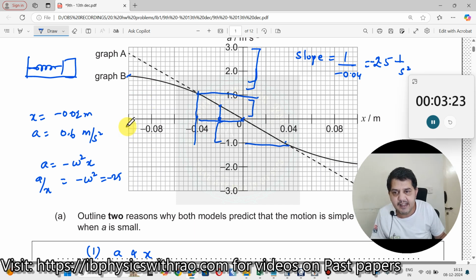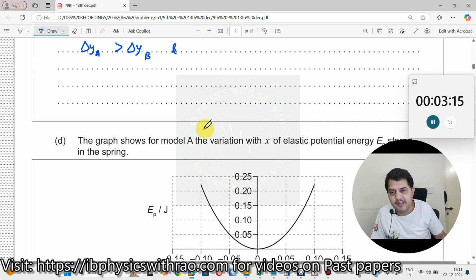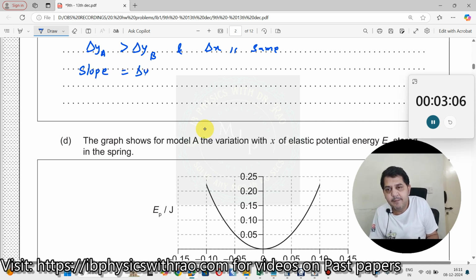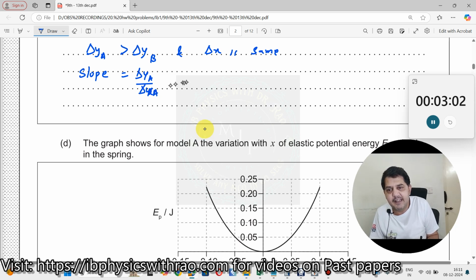I'm going to take this full slope over here, so delta x remains the same for both, which means slope A, delta y A divided by delta x, is always greater than slope B.